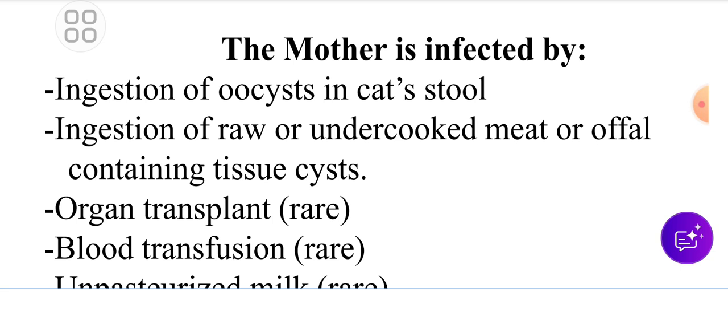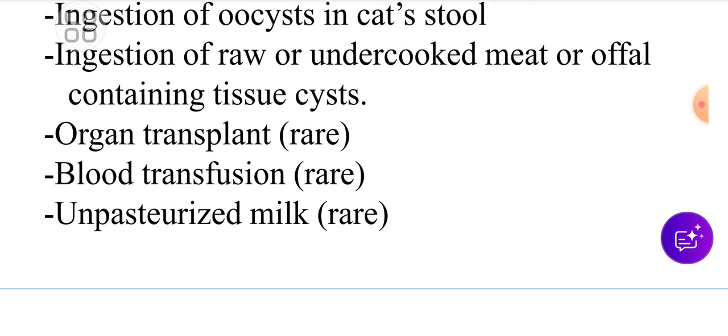These may contain tissue cysts. The tissue cysts may contain bradyzoites, which are the slowly dividing stages. There are rare routes of infection like organ transplant, blood transfusion, and unpasteurized milk, but these are rare.